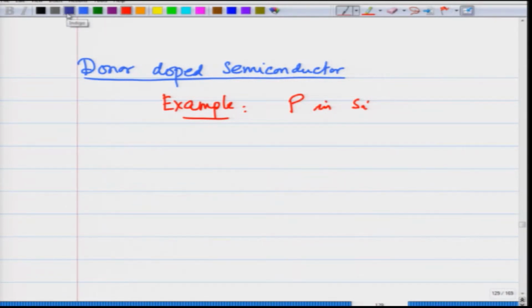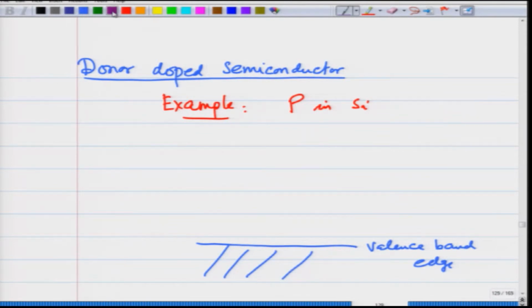So, if I were to see the levels, here is the valence band edge, so lower side is all valence band, on top is conduction band edge, and here is the donor level right underneath it.